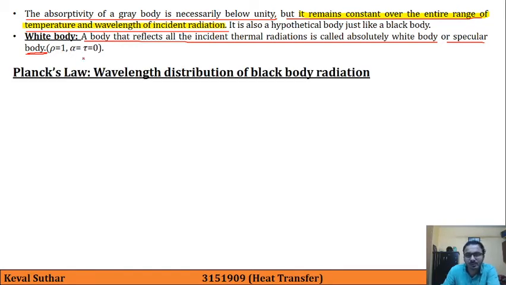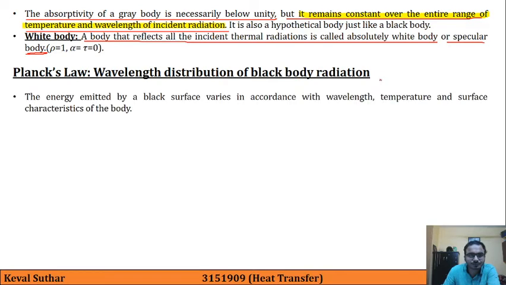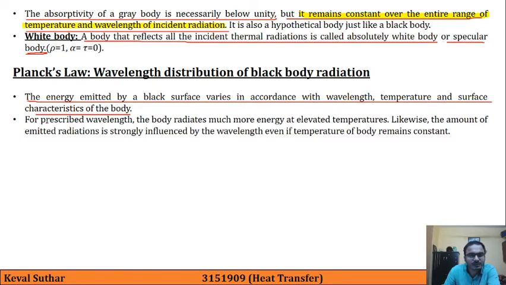The next topic is Planck's law, that is wavelength distribution of black body radiation. The energy emitted by black surface varies in accordance with wavelength, temperature and surface characteristics of the body. For a prescribed wavelength, the body radiates much more energy at elevated temperature.